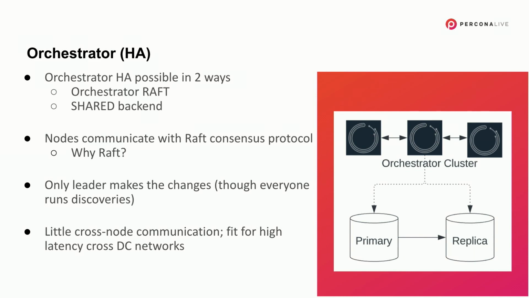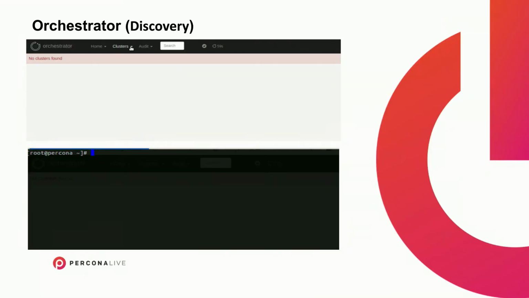Once the leader is elected, it is responsible for making all the changes and replicating them to the other 2 nodes. The raft method is very good for high latency and cross-DC connections, so we prefer the raft method.